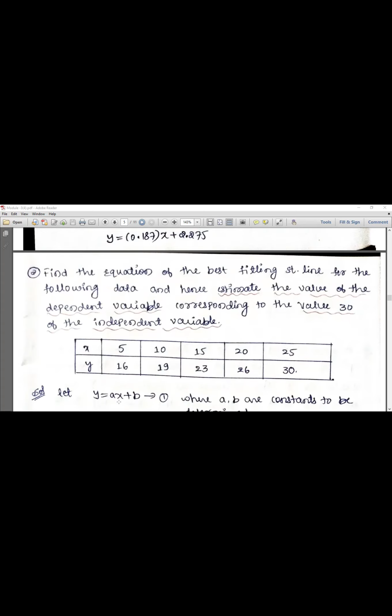How the value of x changes, that way y changes. Because of that, y is called the dependent variable and x the independent variable. Here I want y corresponding to the value 30 of the independent variable, x. So he has given the value of x.